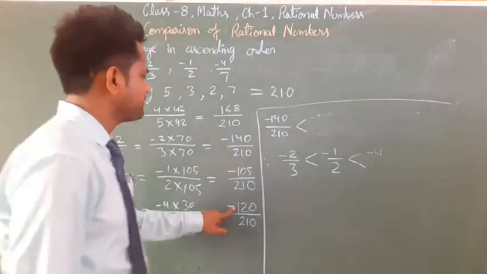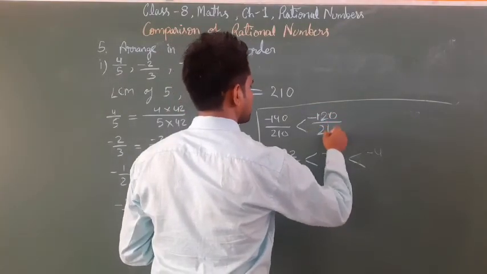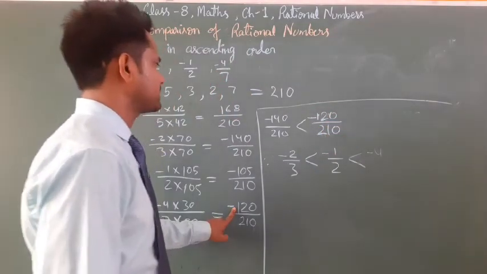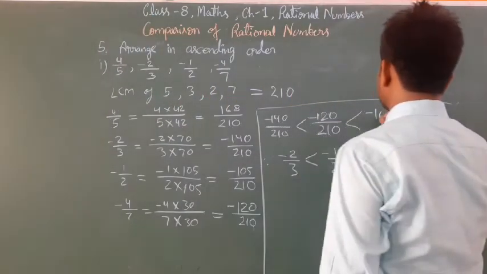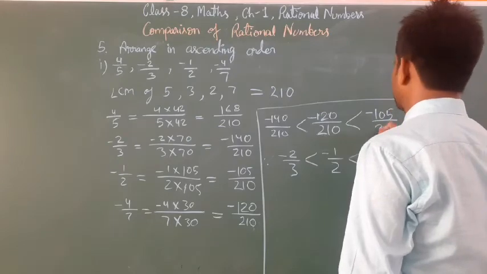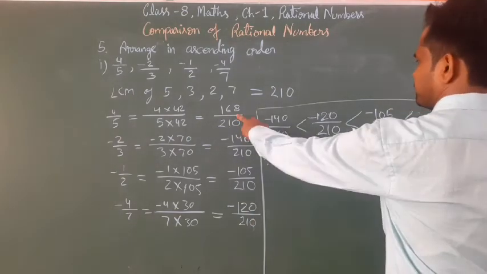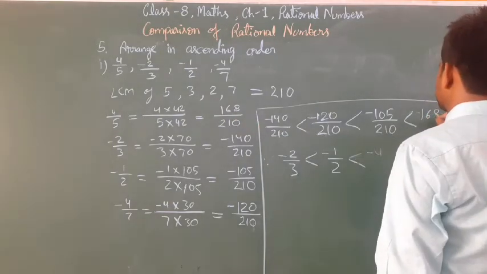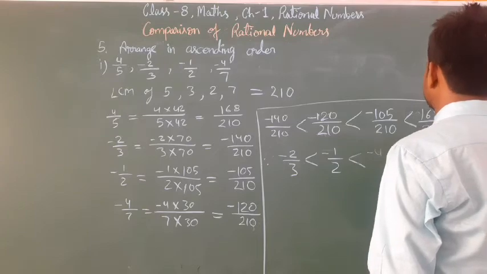After this, minus 120 upon 210, which is less than minus 105 upon 210. Then the last one is 168 upon 210.